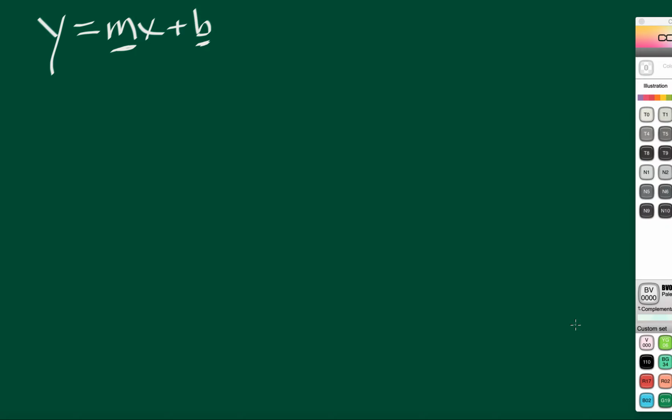Well, for this video, we're going to start with just looking at slope. And then we're going to use the y-intercept later when we have equations that we have to write in parallel or perpendicular form, right? So let's talk about parallel lines.